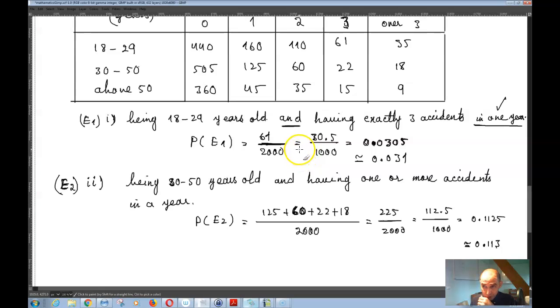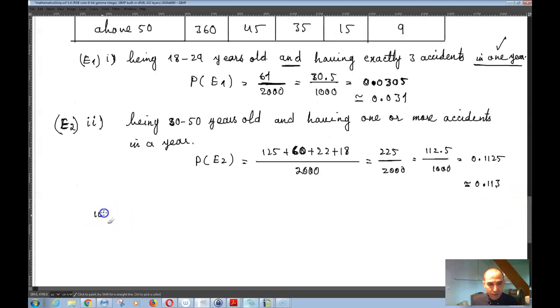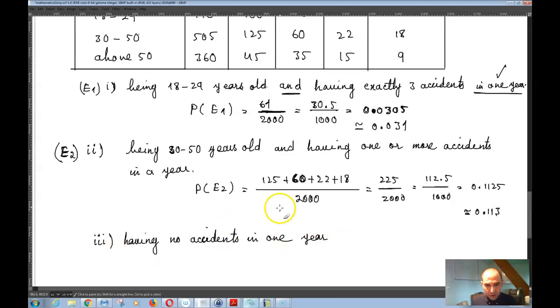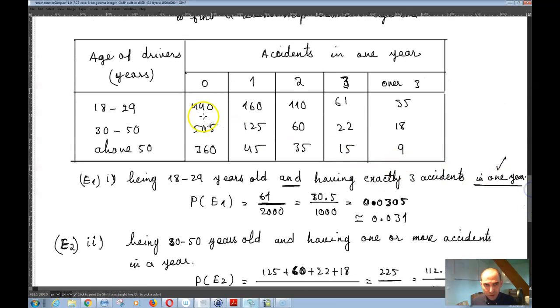And then the third part of this question is having no accidents in 1 year. So over here, as you can see, the age is not important anymore. So you have to count all the people that had no accidents across all the age groups.